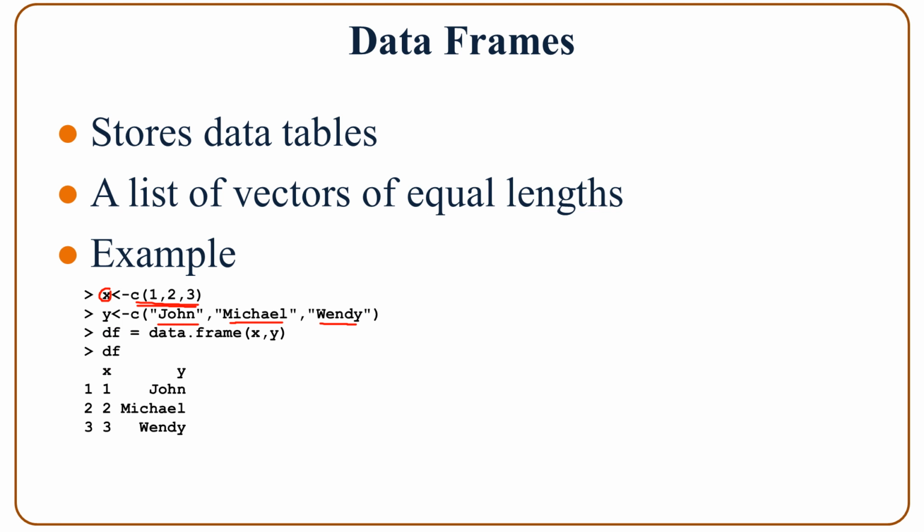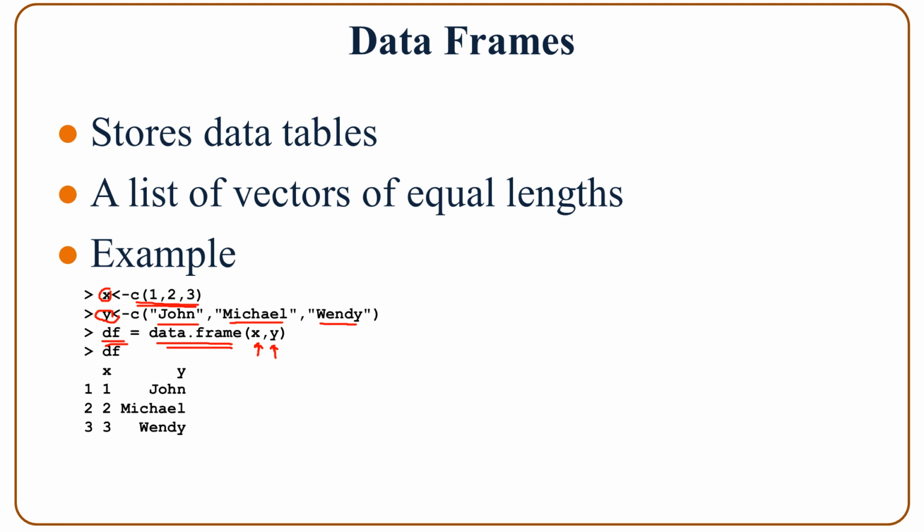We give 2 vectors of the same length to it, and the result is stored in df, and then when we look at df, we see this is df. It looks like a table, right?